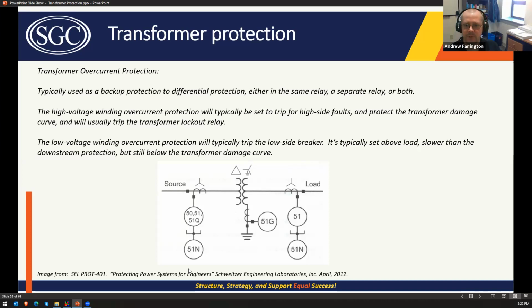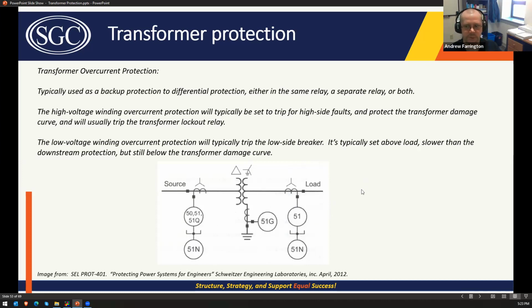The high side typically trips your transformer differential lockout relay, and the low side overcurrent usually would trip just the low side relay, low side breaker, if you have one. The reason for this is it helps you figure out where the fault was after the fact.